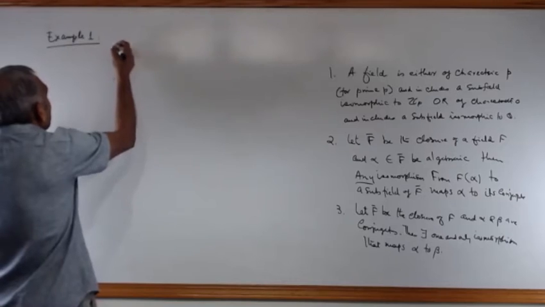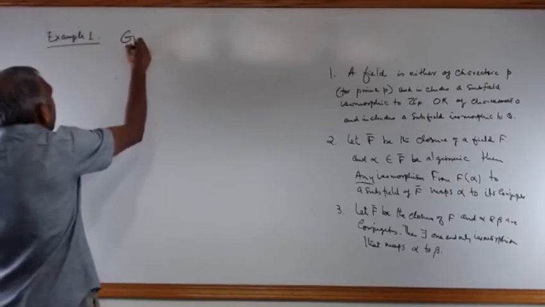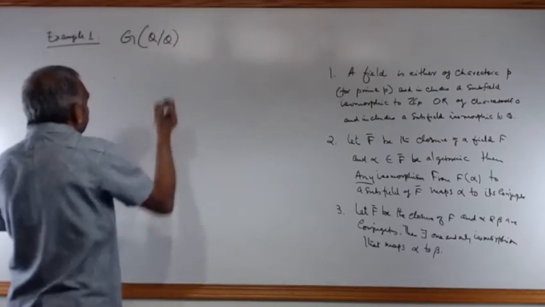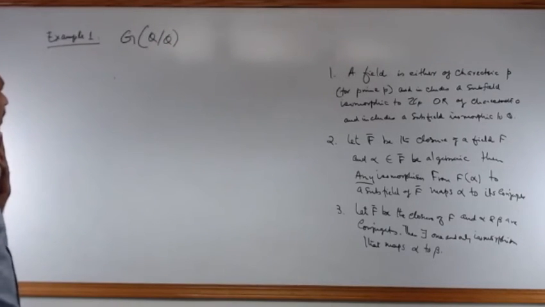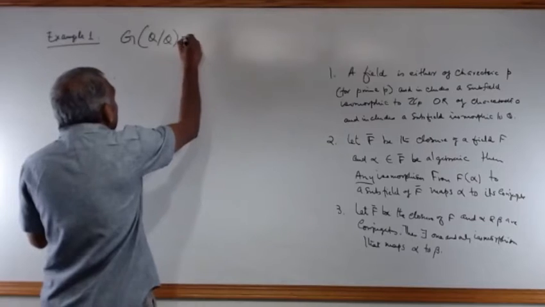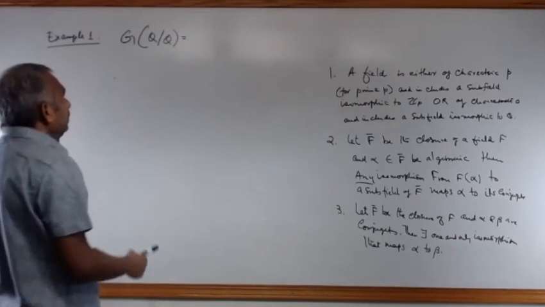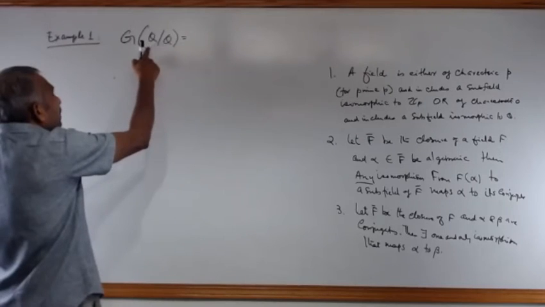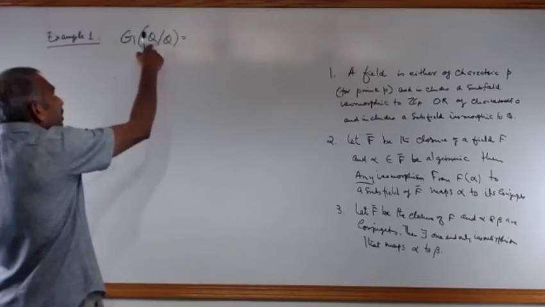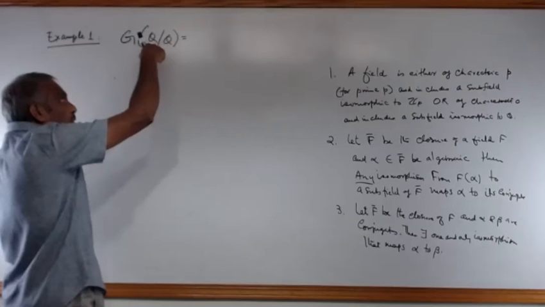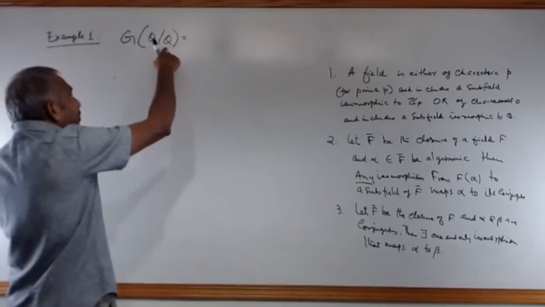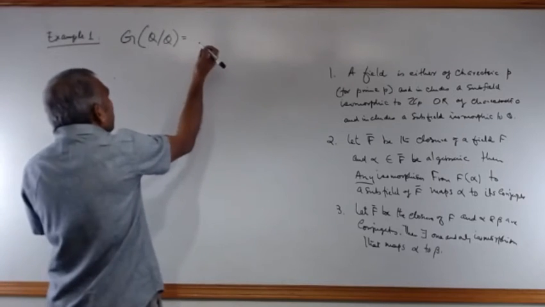Let us see what is the group of Q over Q. This should contain automorphisms. What does this mean? This means all automorphisms on Q that fix Q. And that means what?